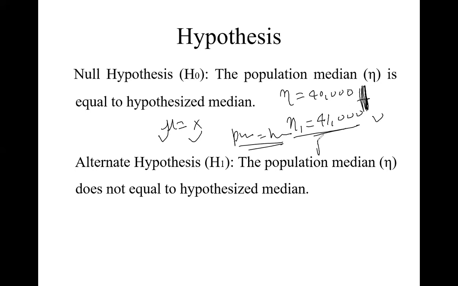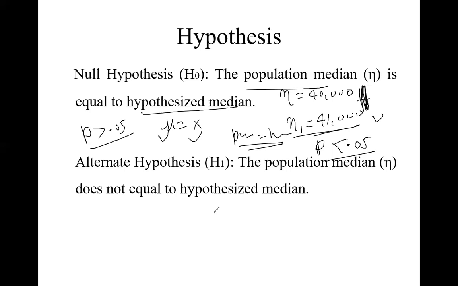Who will tell us? The P value. If the P value is less than 0.05, then the difference is significant, and the retailer's claim that the tire will run 40,000 kilometers is wrong. If the P value is greater than 0.05, it means there is no difference between the population median and the hypothesized median, so his claim is right. And what is the alternate hypothesis?